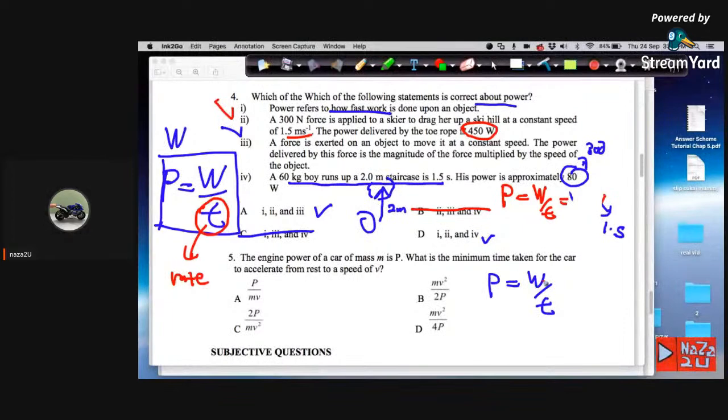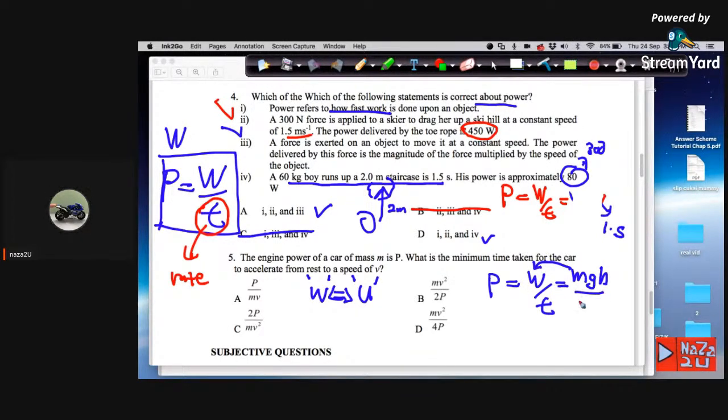We can relate between work and energy because the same unit. So when the object moves upward with mass 60 kilogram and height 2 meter in 1.5 second, the W is equal to gravitational potential energy mgh. Tenaga keupayaan yang ada merujuk kepada jumlah kerja yang dilakukan untuk naik tangga tersebut.